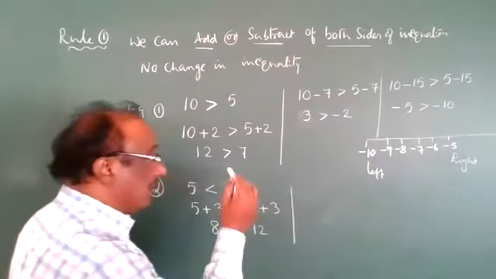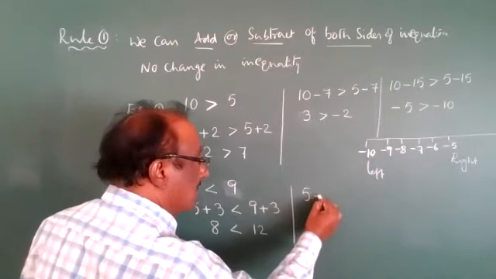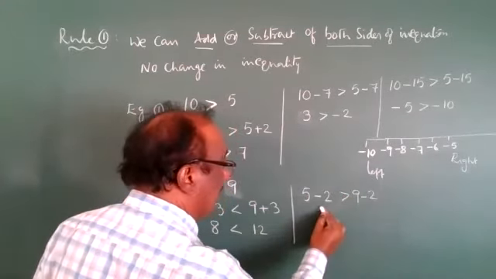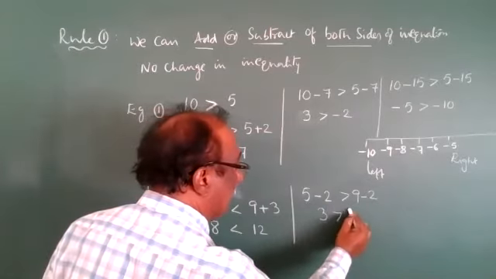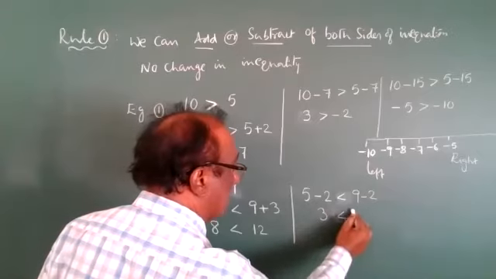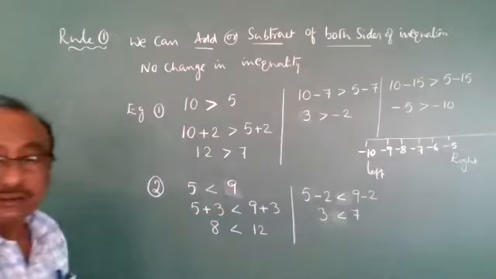Now subtract any number. 5 minus 2 is greater than 9 minus 2. 3 is greater than 7. 3 is less than 7 is correct.